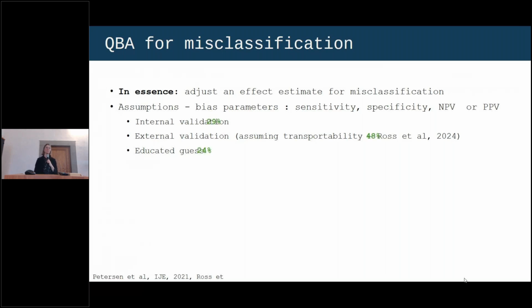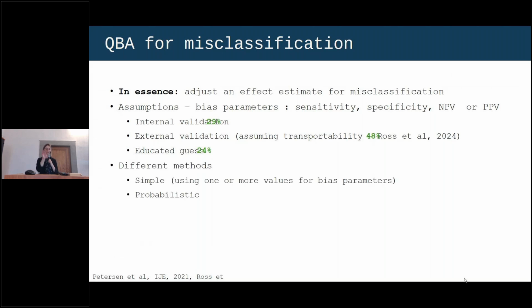You can't really see, but these numbers effectively just show that the educated guess is used in about a quarter of cases. There are also different methods of QBA, ranging from simple, where we effectively just use a single value for our bias parameters, to probabilistic, where we set a distribution for those.